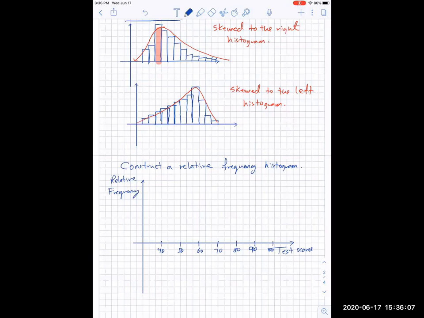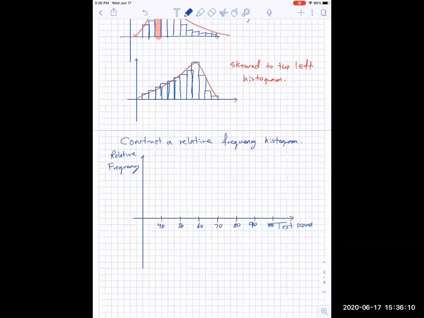All right. But before we do our histogram, we need to find our relative frequency.